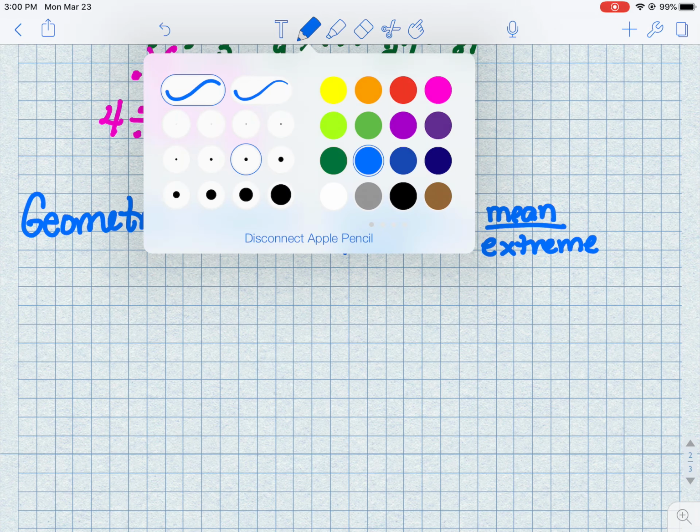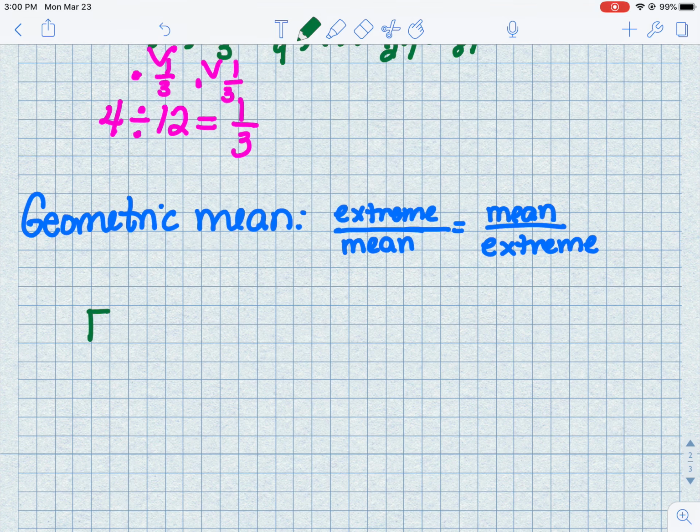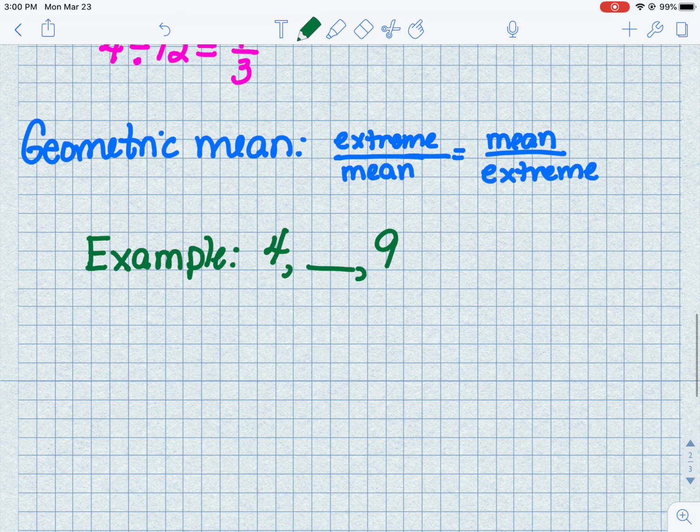So let's do an example. Let's say I want to know what's the geometric mean between 4 and 9. Okay, 4 and 9 are our extremes because they're on the outside. And we have to figure out the mean.